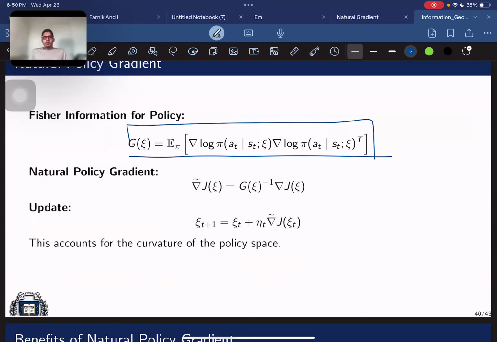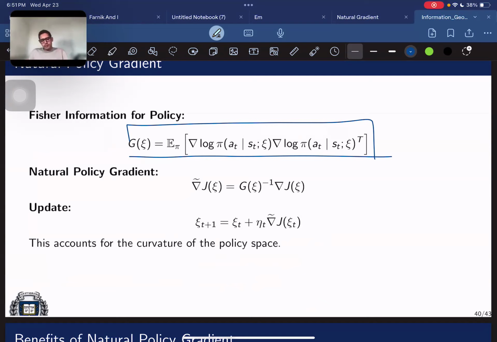You want to find a robust policy and the optimization path, so that if you change your policy, the path remains the same. That means that you want some gradient ascent algorithm which is robust to change of parameterization.